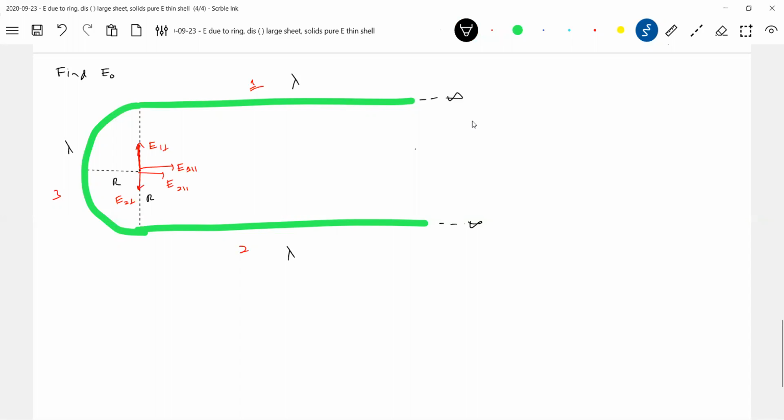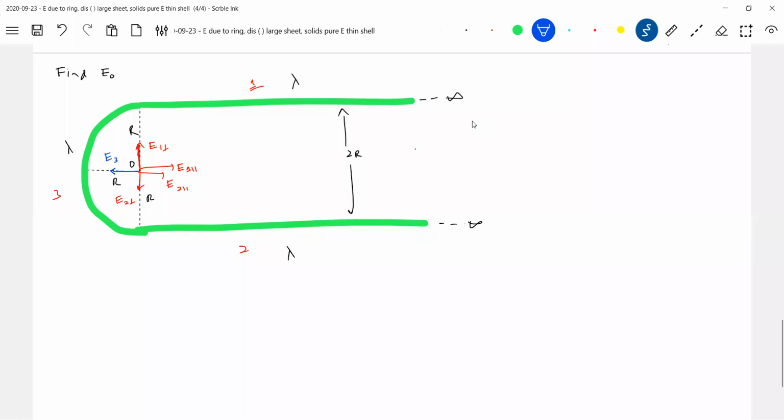I agree, this distance is 2r. Now due to the semicircular wire, it should be in this direction. How much should it be? 2G lambda by r, or let me write E3.